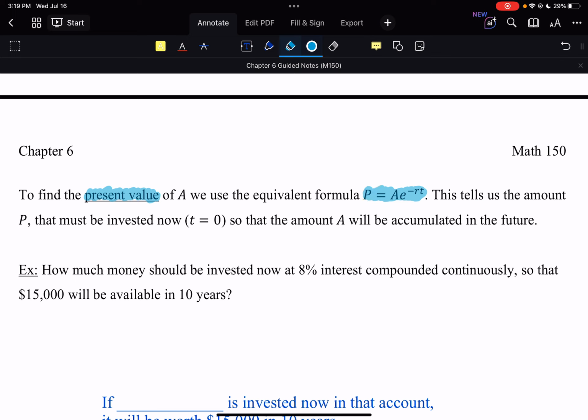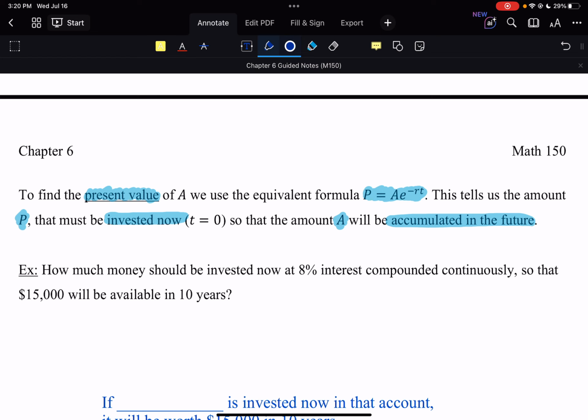So this tells us the amount P that must be invested now so that the amount A will be accumulated in the future. So we're looking at this backwards, basically. Instead of saying, here's how much I'm putting in now, what will it be later? I'm saying, here's what I want it to be later, how much should I put in now?